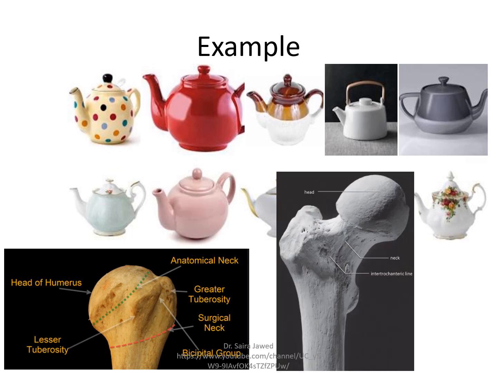So both of them are articulating, and the function of both of the heads is that they are going to join with the other bone. They are going to form a ball and socket joint. But because of the location and because of the type of the bone is different, therefore the shape of the head is different. Just like you can see, the lids of the kettle are different in each of the kettles, although the function is the same.